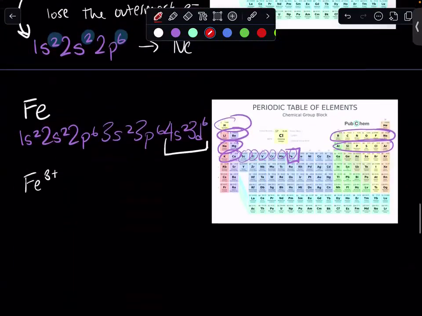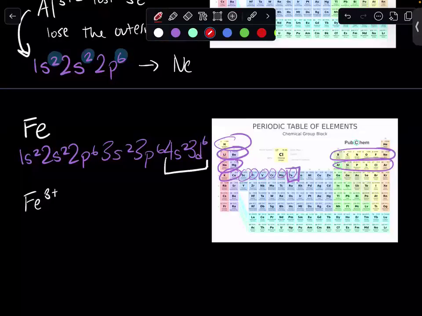While we normally remove the outermost electrons, the ones with the highest energy furthest away, we actually remove s before d. So we're going to remove these 2 from the 4s first, and then remove the 1 from the d.